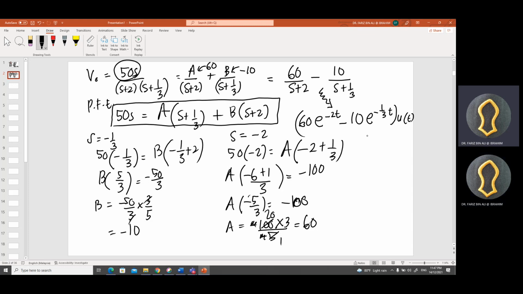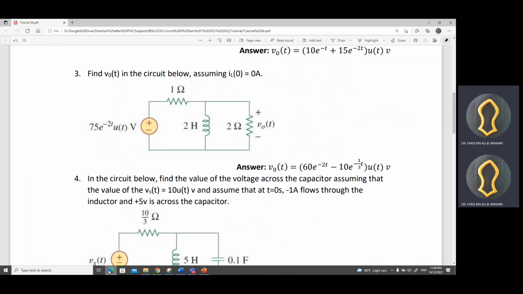All right, so this is the answer for question number 3. Okay, everybody clear with that? So question 3 is already solved.